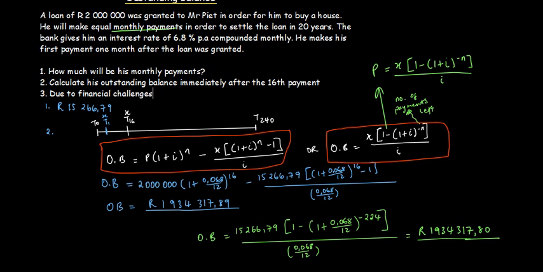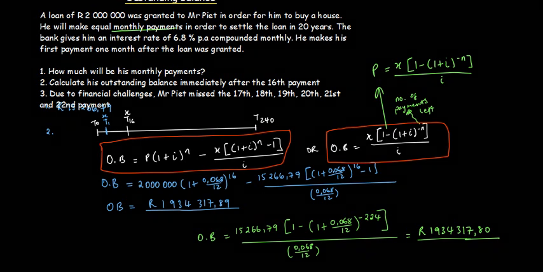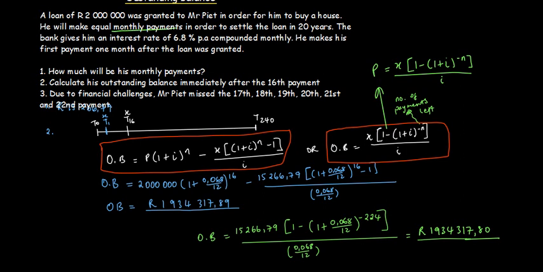Due to financial challenges, Mr. Pitt missed the 17th, 18th, 19th, 20th, 21st, and 22nd payment, right?